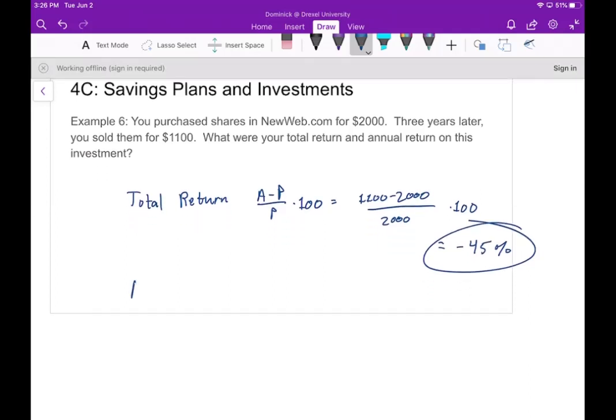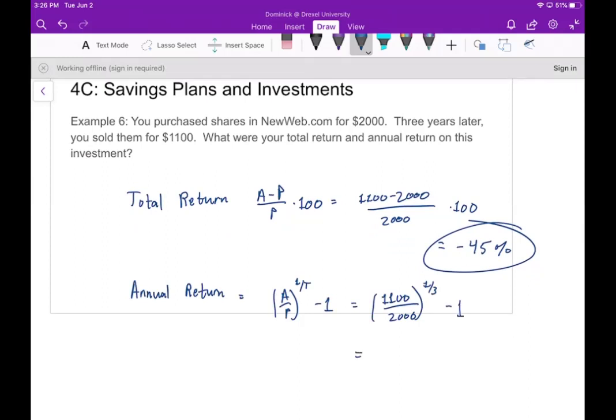Right, and of course the annual return would again be (A over P) to the 1 over T, minus 1. So in this case, we have (1,100 over 2,000) to the 1 over 3, because we're over 3 years, minus 1.